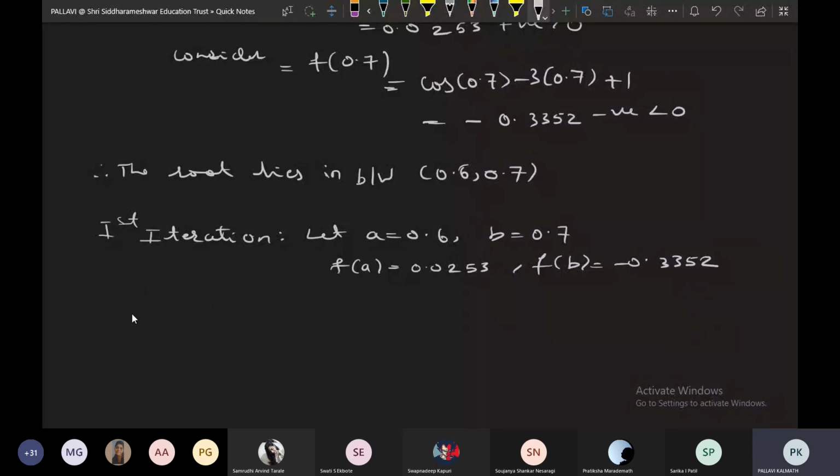So with this, what is the first approximation denoted? What is the formula? Write the formula. Can anybody tell the formula? b into f of a minus a into f of b divided by f of b minus f of a.